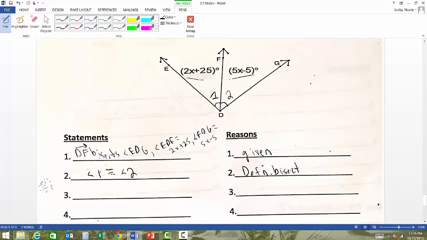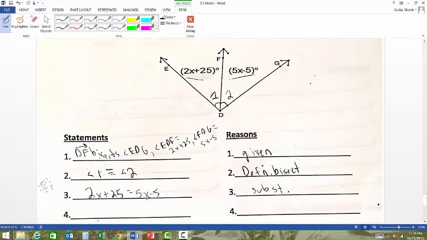That's fine. So what I'm going to do now is I'm just going to substitute. Instead of angle 1, I'm going to plug in 2x plus 25 equals, instead of angle 2, I'm going to plug in 5x minus 5. And plugging in, we should get used to this by now, is called substitution.